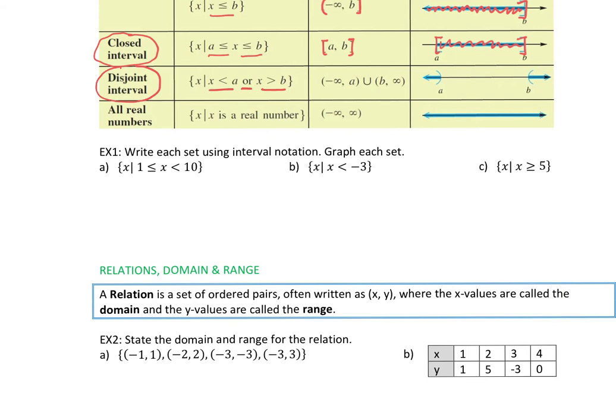So for this first one, where it says that x is less than a, we're going to write that in interval notation. So that would be this first interval. Less than a means a and everything's smaller. So it's going to go negative infinity, comma, a. Or would be the union symbol. And then my next interval would be x greater than b.